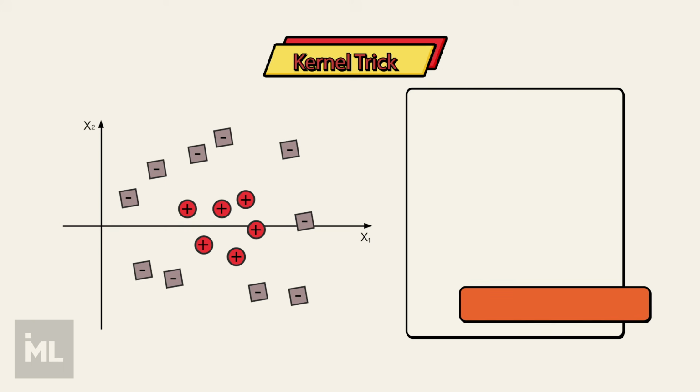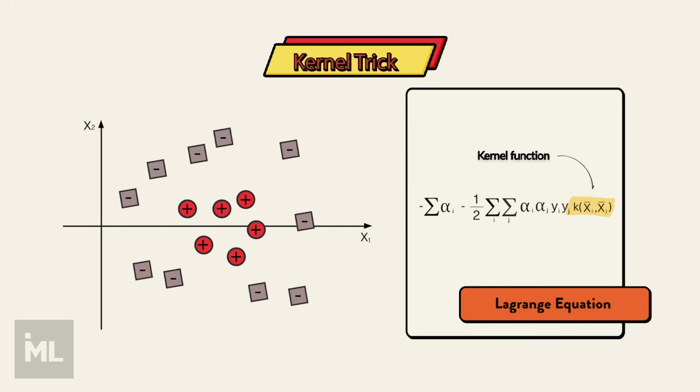Now let's revisit our Lagrange expression. We find that the optimization only depends on the dot product of the samples x sub i and x sub j. So we could use any transformation function that can be expressed as the dot product of x sub i and x sub j. We call this function a kernel function.